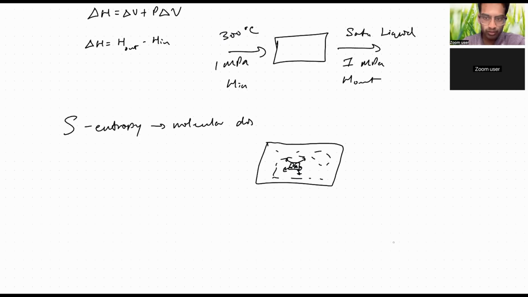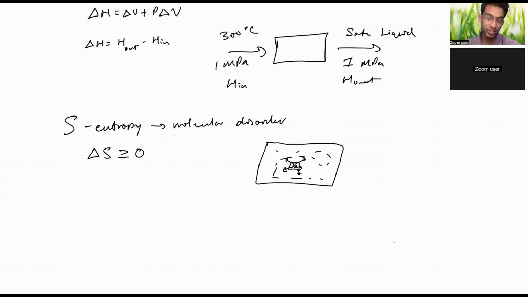Now, the second law of thermodynamics tells us that the isolated system wants to increase the entropy, right? So the change in the entropy of an isolated system will either increase or stay the same. It never just decreases spontaneously.